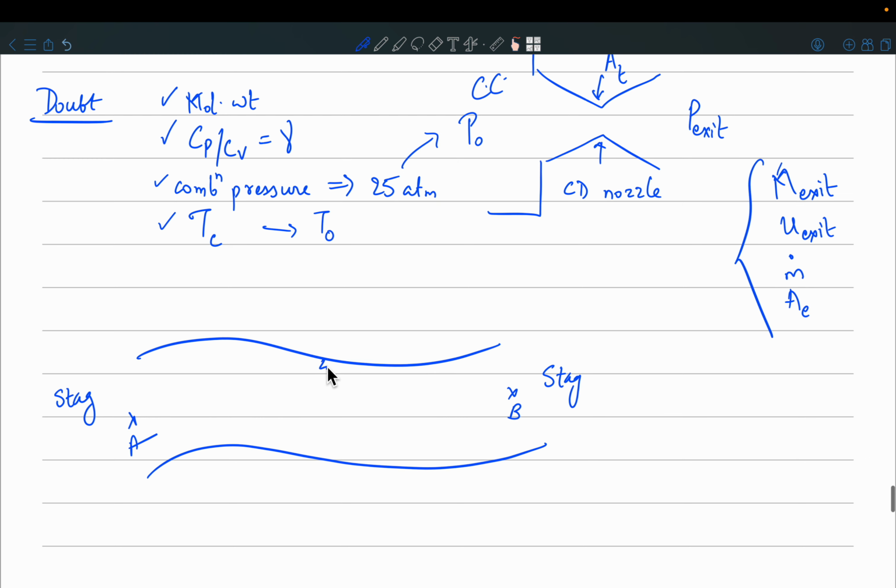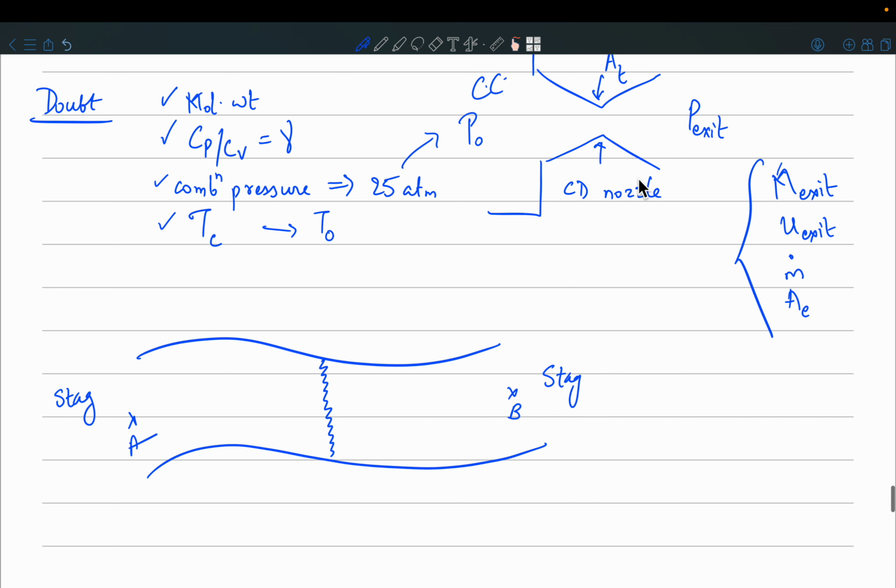But if I have a shock over here, then there is a loss. So you will have some losses across the shock, and that is also known as stagnation losses. Okay, so then your stagnation quantity will not remain the same.